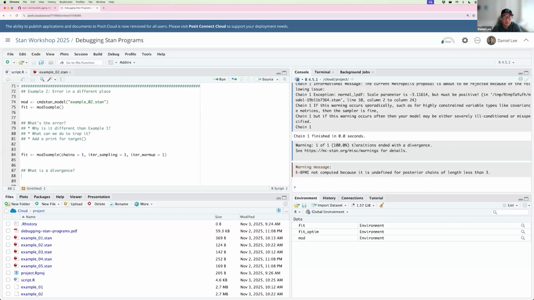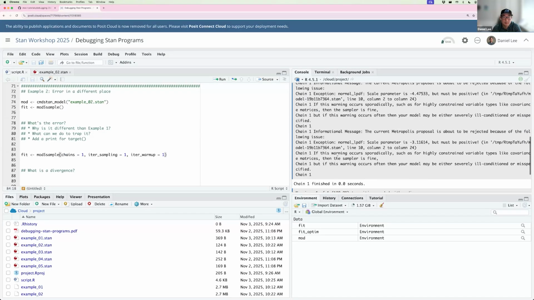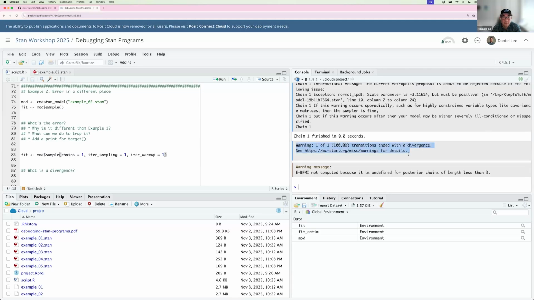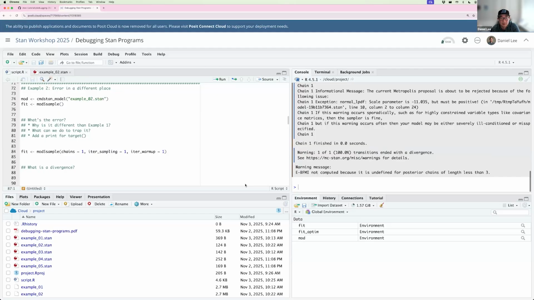So by doing this, we can force a divergence. If you do this again and again, you'll see that it just ends up in divergence. We've warmed up with one iteration, so it hasn't had a good chance of estimating a good step size. And then we're just going to try to sample one chain.